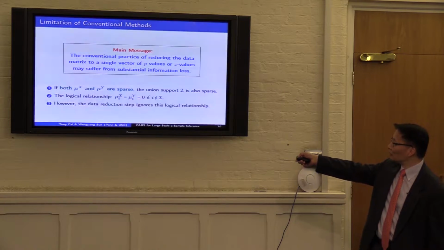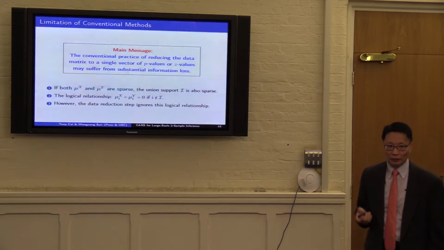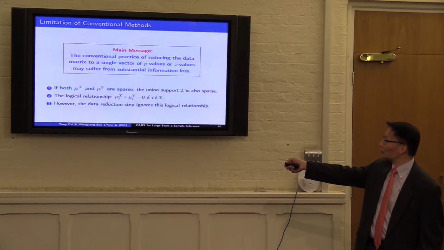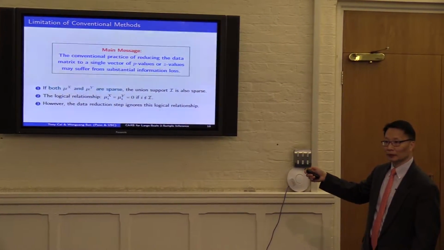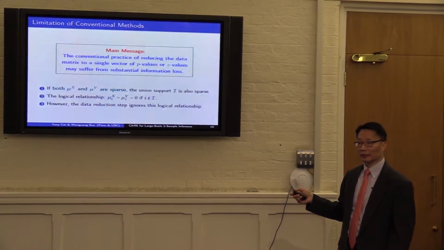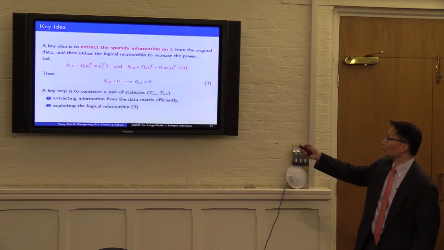And so we have this logical relationship. If both of them are 0, they must be equal. But if you reduce the original data into one column, you did not take that into account. And that causes significant loss of information.